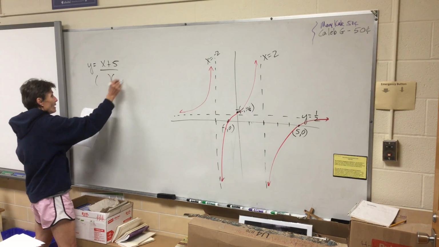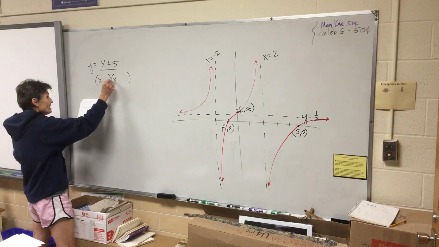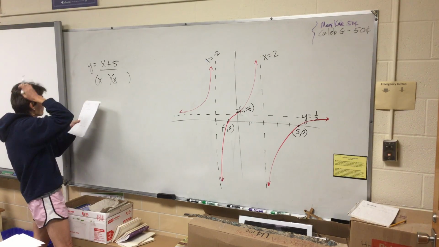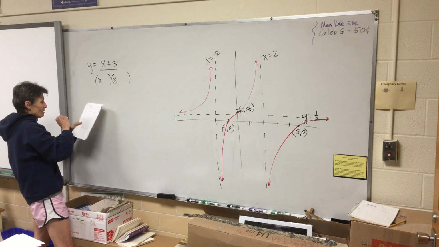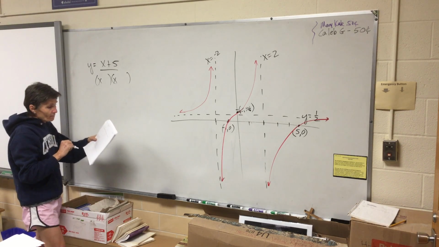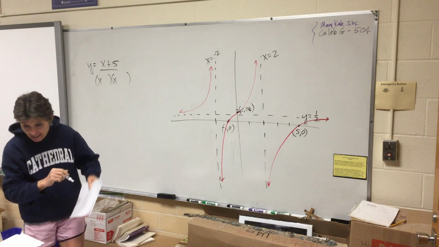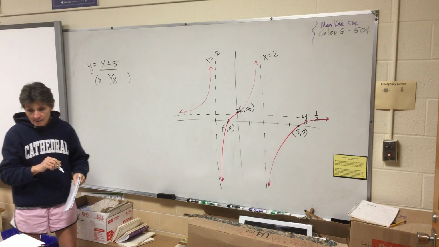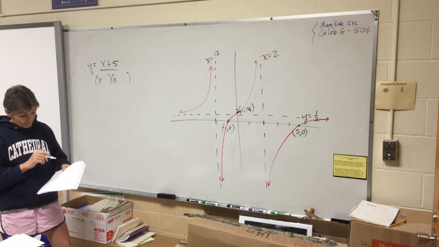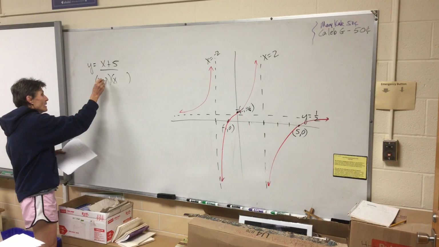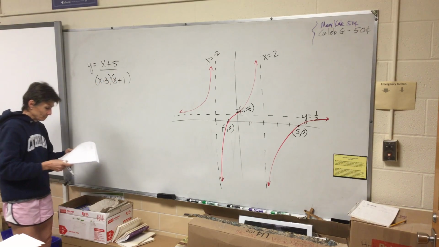Factor it. Very good. And how does that bottom factor? We're on page 20, doing problem E. Is it 3 and 1? It is 3 and 1, x minus 3, x plus 1.